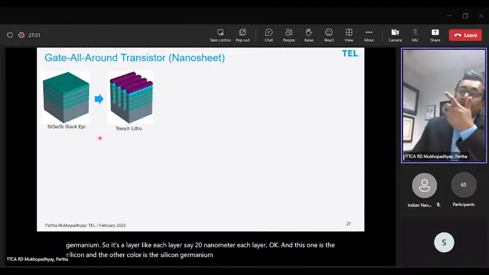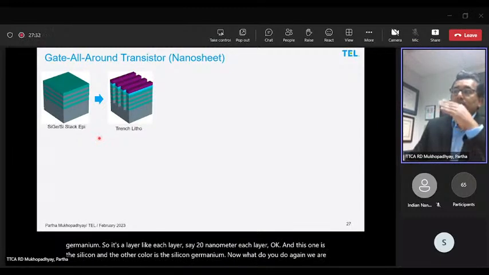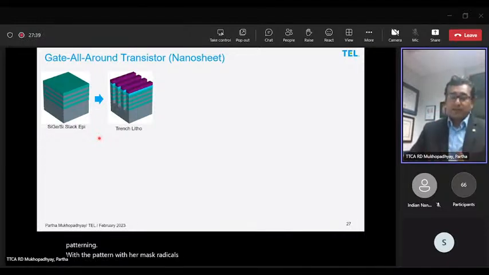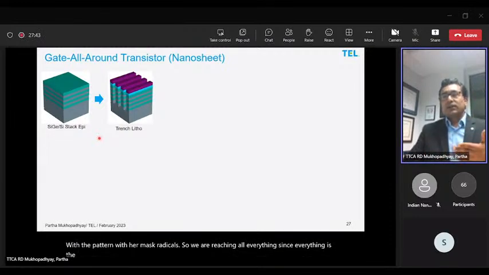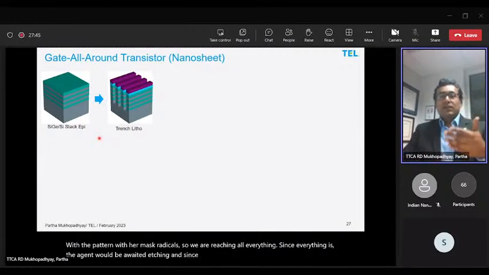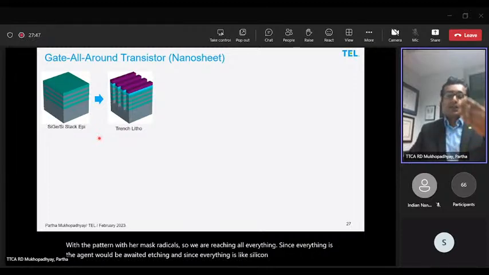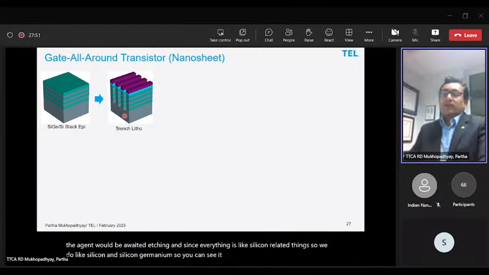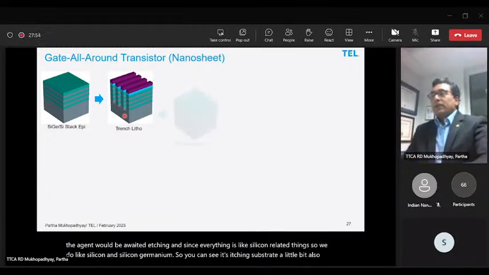Now we pattern with the mask radicals and etch everything. The etchant would be a wet etch, and since everything is silicon related, it will etch silicon and silicon germanium. You can see it's etching the substrate a little bit also, but that's fine.